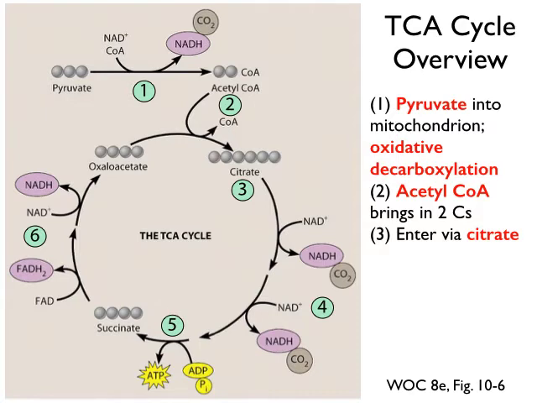We're going to process it in several ways to extract reducing power, a molecule of ATP, and ultimately we're going to create a 4-carbon compound from which we're going to extract additional electrons, and ultimately we're going to regenerate that 4-carbon compound at the top of the cycle, oxaloacetate.